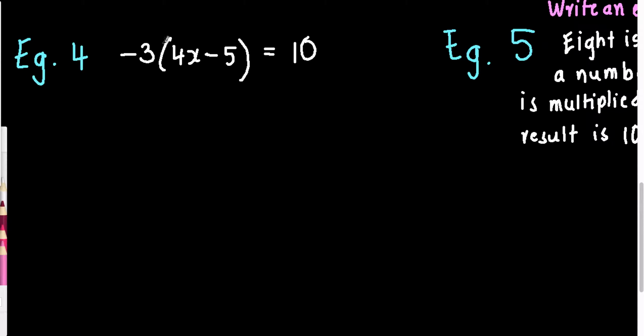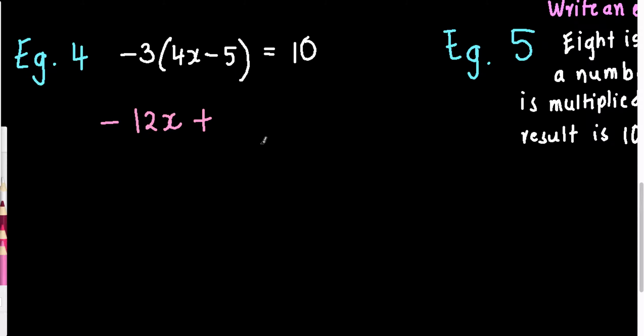So let's first expand. We're doing negative 3 times 4x. So that's going to give me a negative since it's a negative by a positive. And 3 4s are 12, so it's 12x, negative 12x. Now we're doing negative 3 by negative 5, just so I make sure I don't lose that negative.